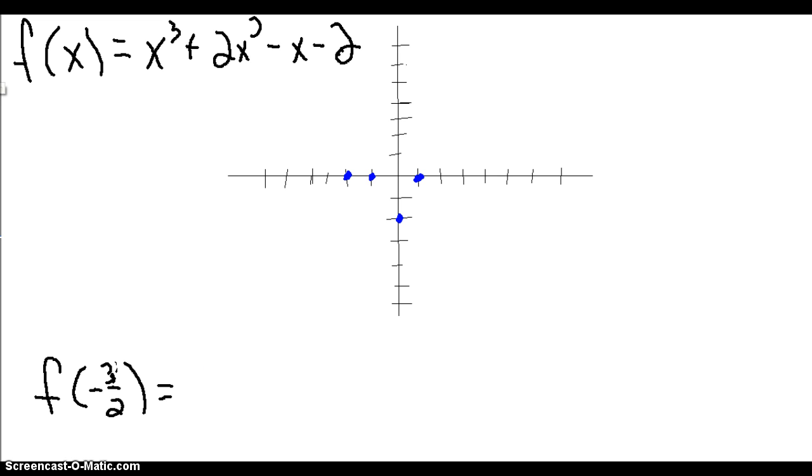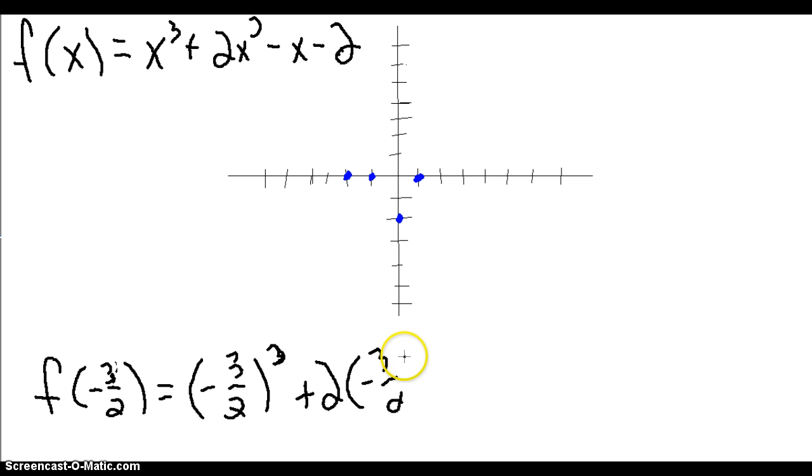Okay. So we're going to do negative 3 halves to the third, plus 2 times negative 3 halves squared, minus negative 3 halves, and then plus 2.